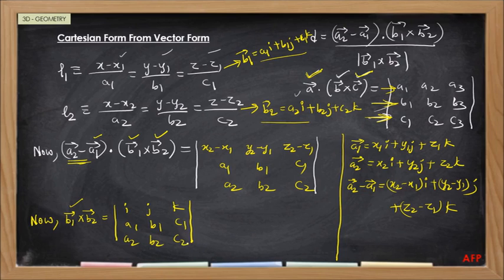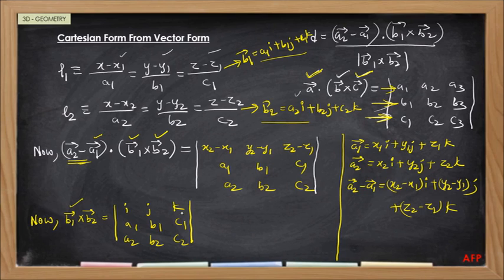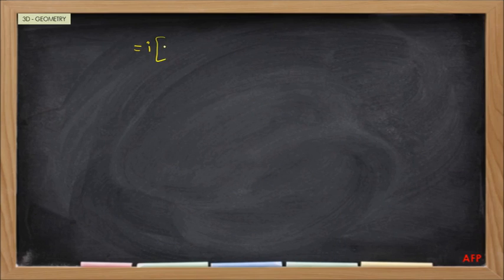Okay, so you go for expansion. i as it is, cancel the first row, first column: (b1 c2 minus b2 c1).